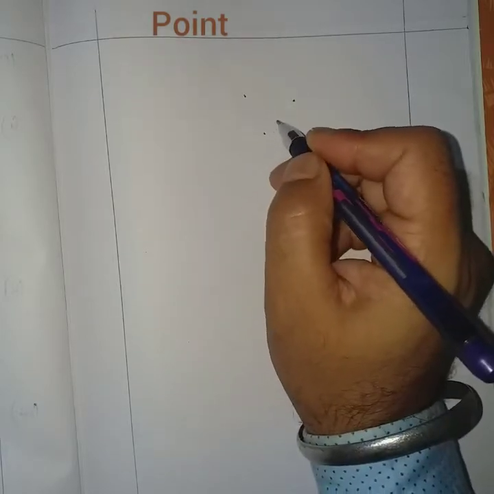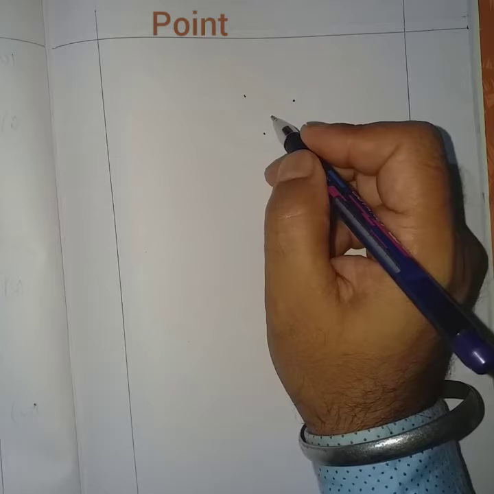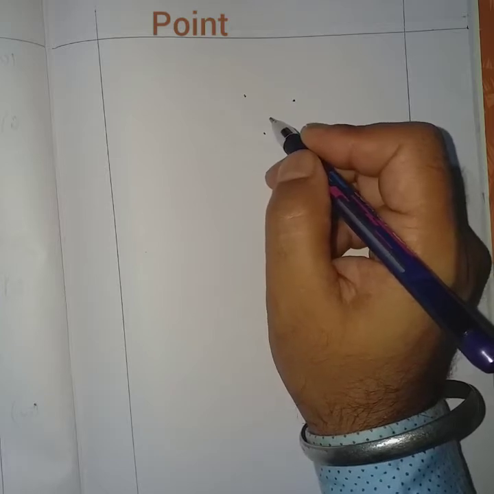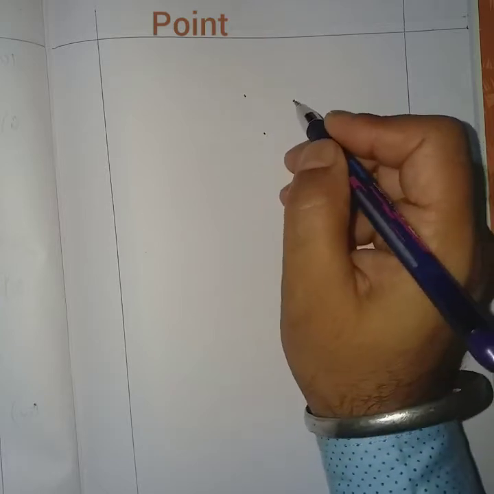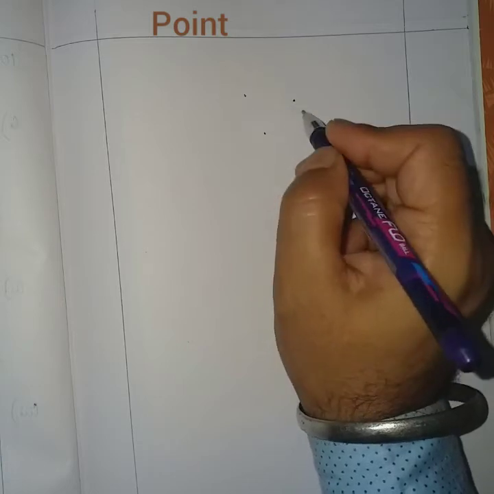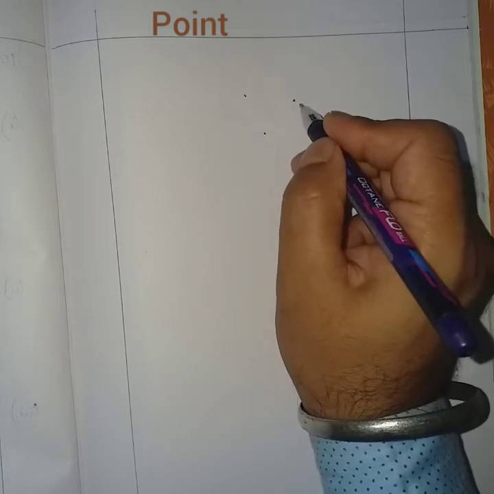Now, the naming of the point: how to name a point in geometry. A point is denoted by a capital letter. Any point, we name it by a capital letter.